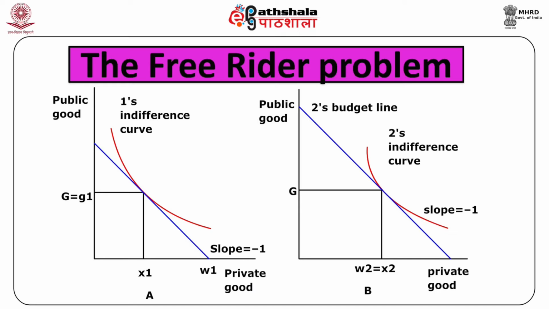If person 1 contributes G units to the public good, then person 2's endowment will consist of his private wealth W2 and the amount of the public good G, since person 2 gets to consume the public good whether or not she contributes to it.